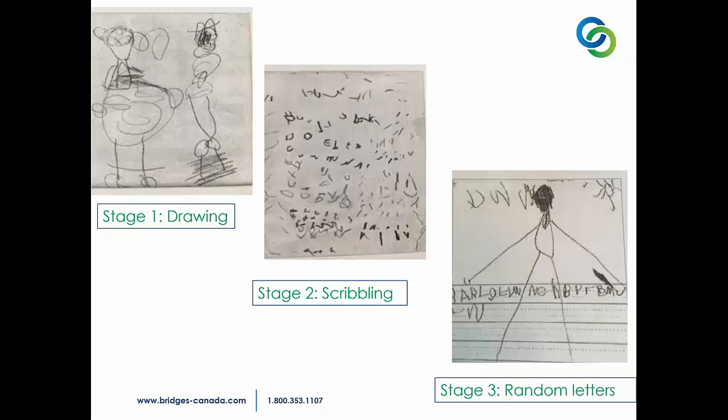Having those stages as a way to compare your students' writing really helps you to track growth over time. We recommend that on a regular basis you take samples of their writing, assign a stage to it, and date it, so that over time you have evidence to show that the student began the year at the drawing stage, but by November they'd moved into random letters.